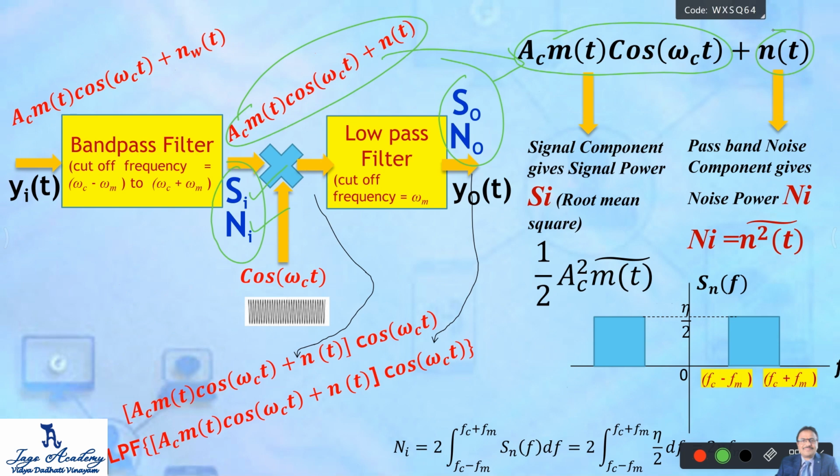Now you just have to find out the root mean square value, the power, that's all. So now you can find out the root mean square value of this. It is coming to be this one. Because Ac cos omega c t will give you the value Ac square by 2 as the root mean square value. Right? Of course, m square basically, it will always be there.